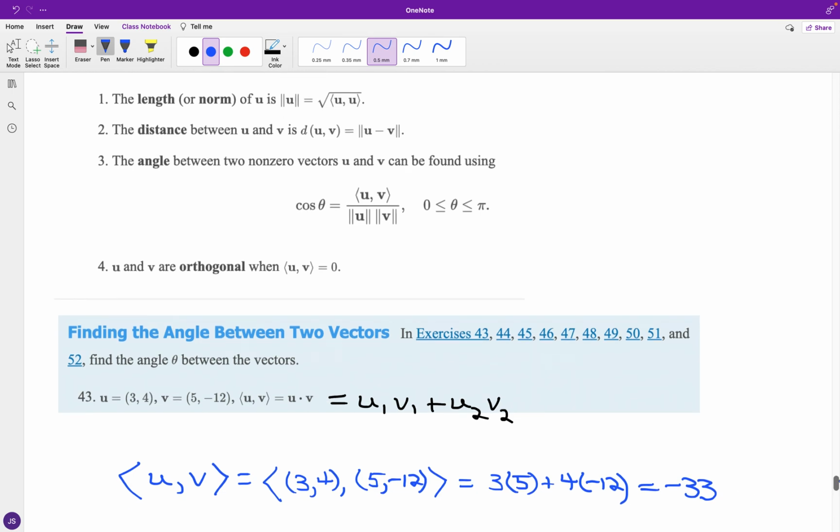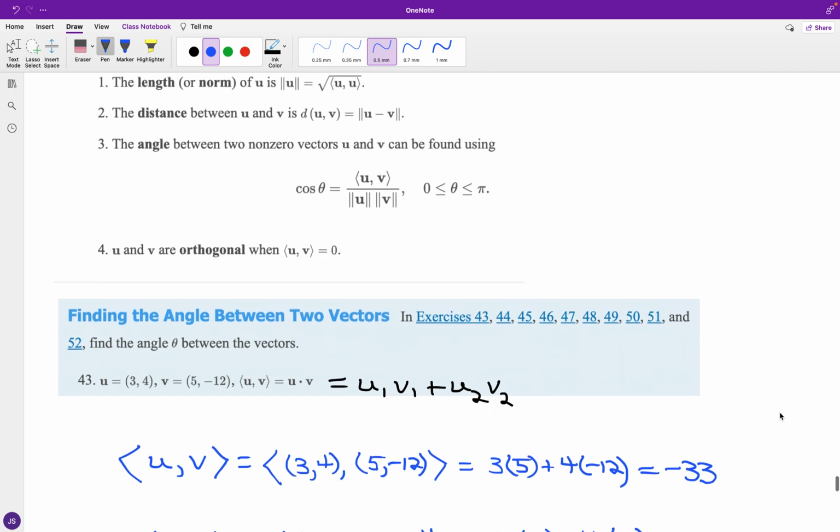So the dot product is 3 times 5 plus 4 times negative 12, or 15 plus negative 48, which is negative 33.